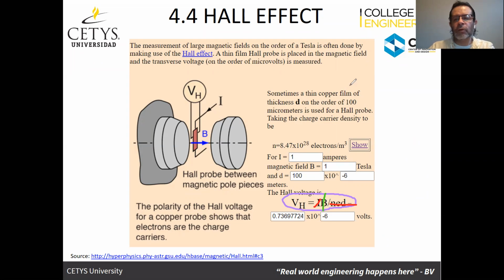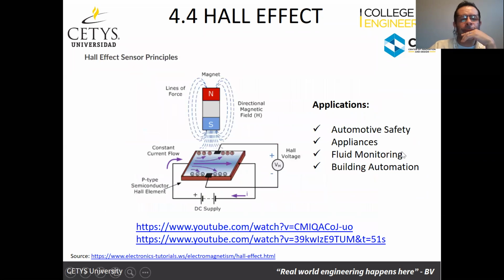So in other words, in the image that I just showed you here, if this is static, then the Hall voltage is going to be one fixed voltage. But if I move the magnet somehow, then I'm going to see a change in the voltage. That change is what we're detecting. Okay, so automobile safety is one example.